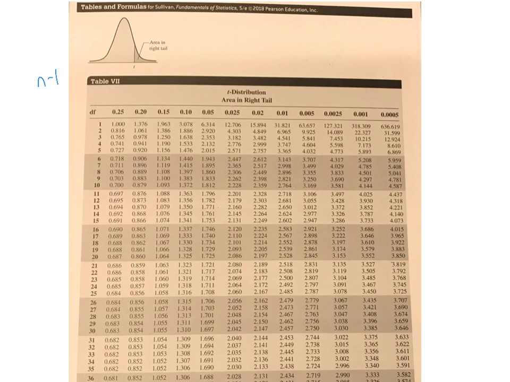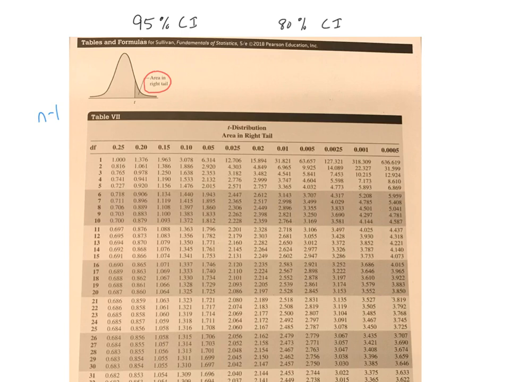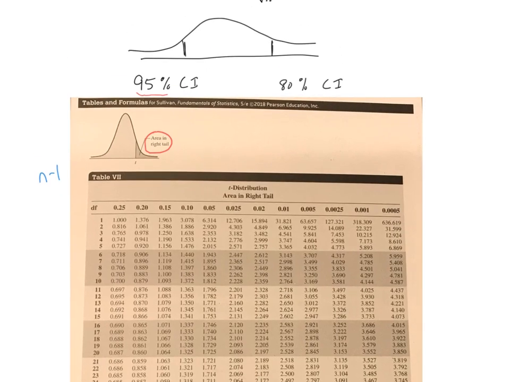Notice here it says this is the area in the right tail. So let's take, for example, a 95% confidence interval. That says that 95% of the stuff is between these two t-scores.